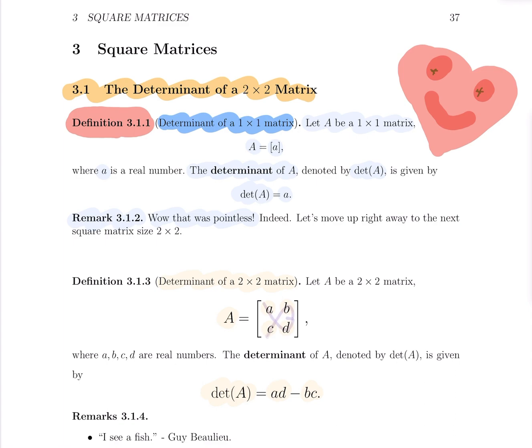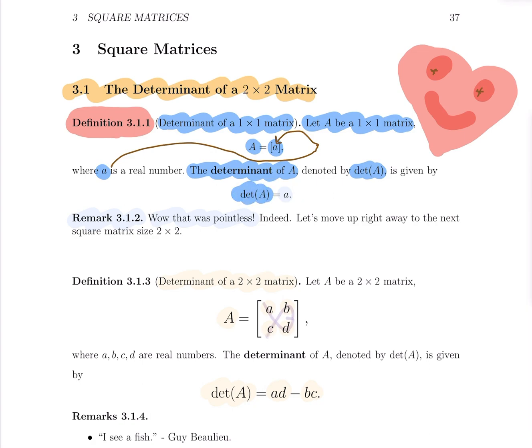It's kind of trivial. So if you start with a 1 by 1 matrix A, so a matrix where you have one row, one column, and there's only one real number inside, the determinant is an operation that takes a matrix and constructs a number. And for a 1 by 1, the determinant, we're going to denote det A, using that notation. So det, and in brackets, the matrix that interests us.